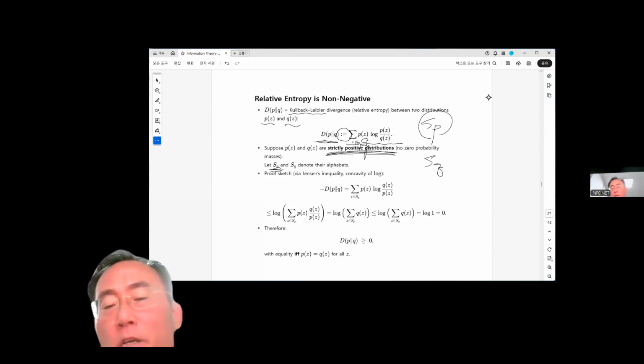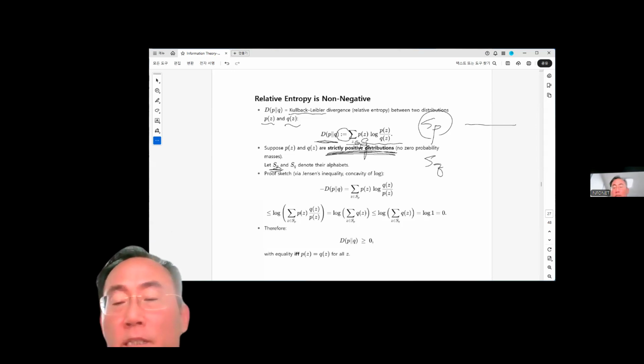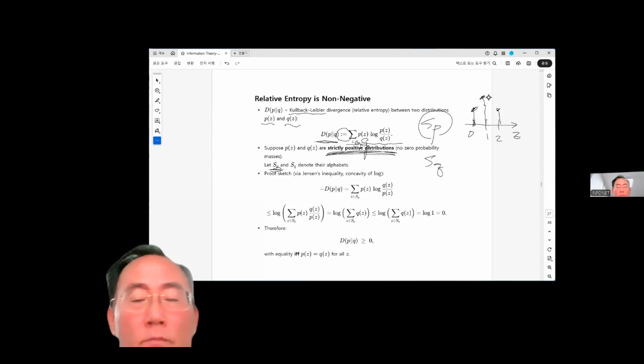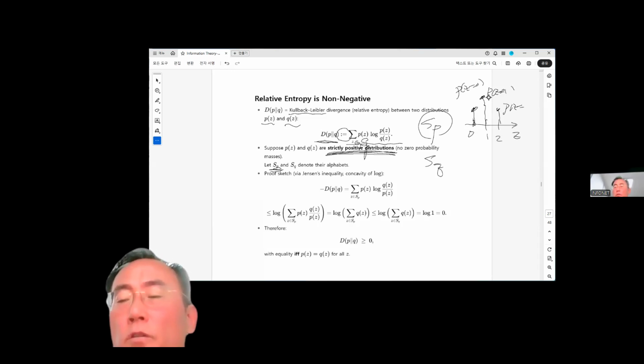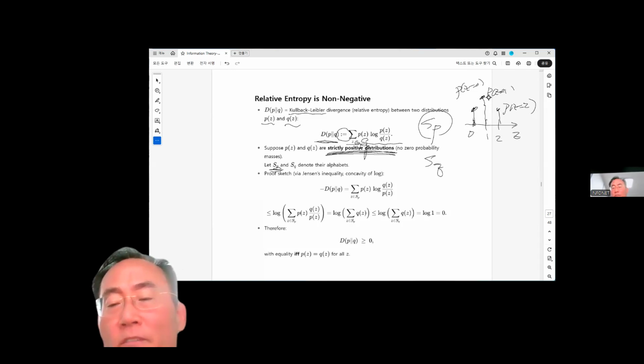So here we are talking about, let's say, alphabet z running from 0, 1, 2, and then S_P is these three numbers, P(z=0), P(z=1), P(z=2). The sum of these three numbers should be equal to 1, right?